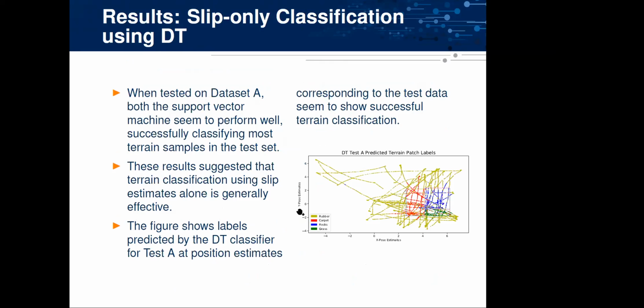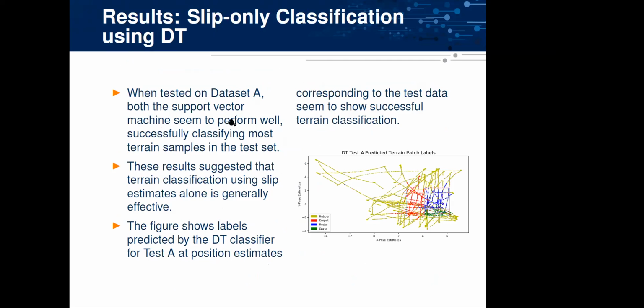So after we've trained the models, for the results, we first test using sleep only classification using decision tree. When we tested on dataset E for both support vector and decision tree, I'll later show the table that shows the comparison.